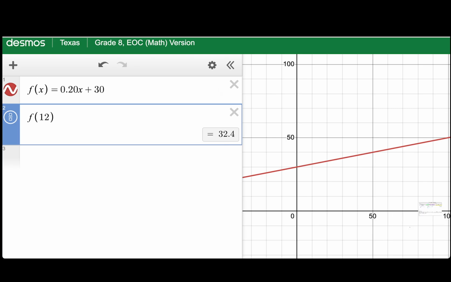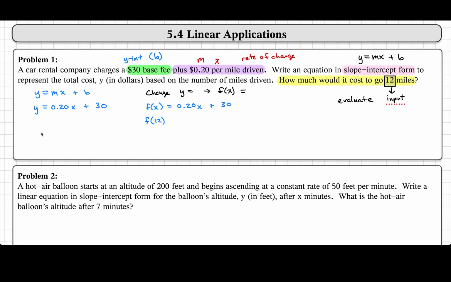Let's go back into our problem here. We're going to take f of 12. We saw that it equals 32.4. Let's put this in context: it would cost $32.40 to go 12 miles.